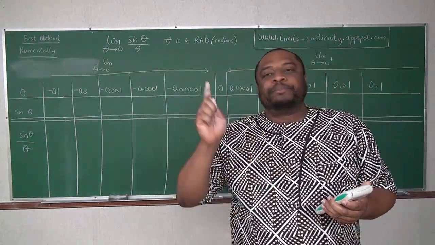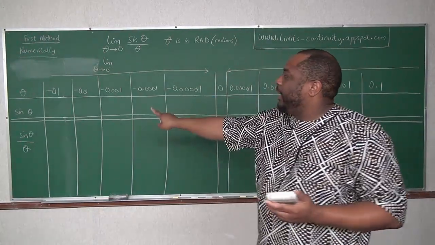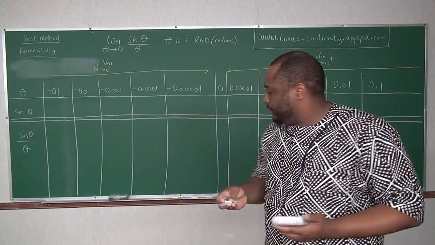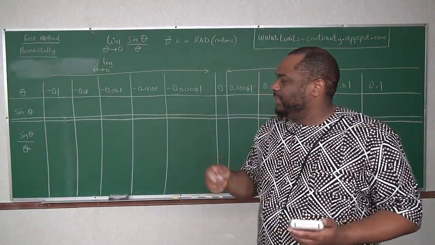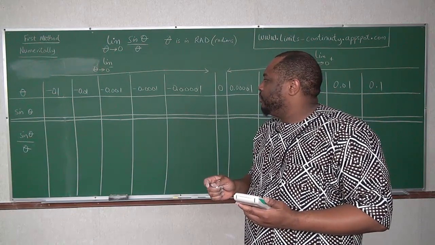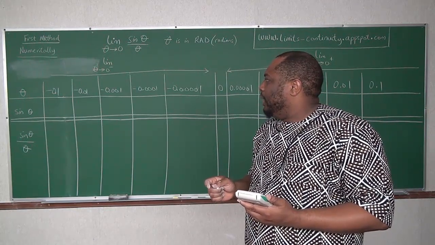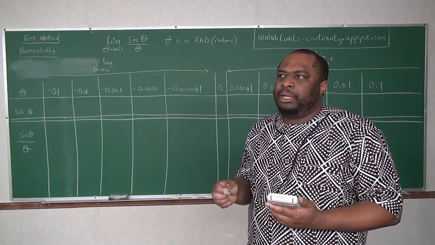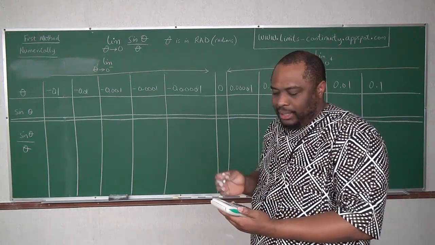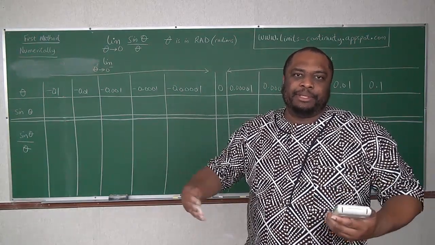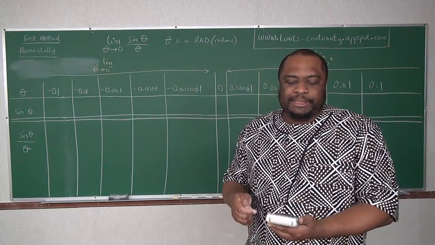Now, this is in radians, okay? So just take note of that. We're going to give these values in radians, and we're going to round it to a sizable number of decimal places.